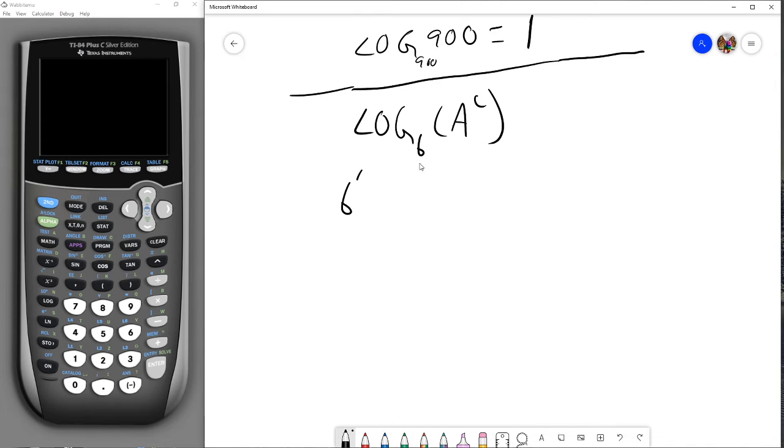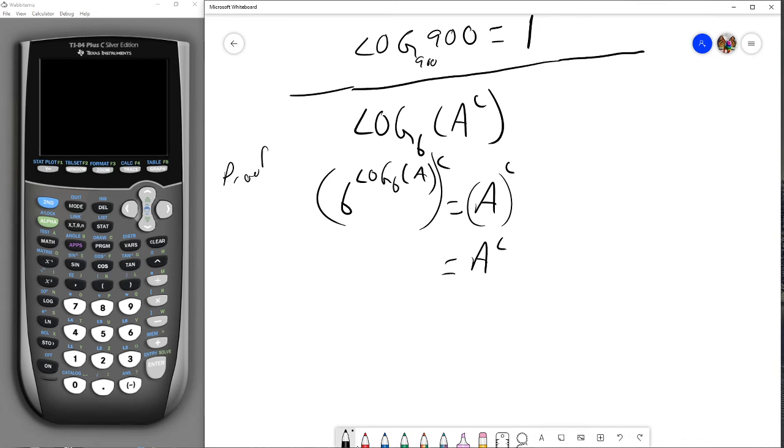If we have log base b of a, we know that this is equal to a, right? So if I raise both of these to the c power, then I have a to the c on the right.